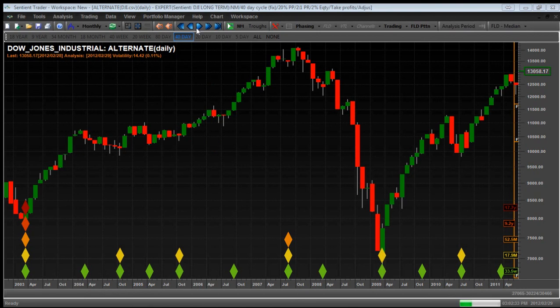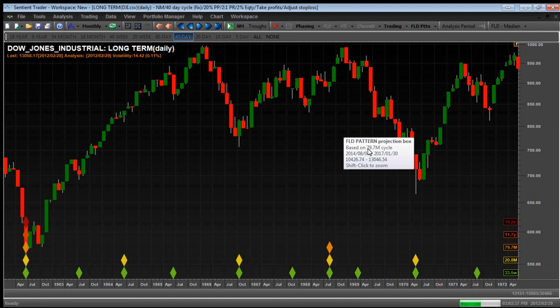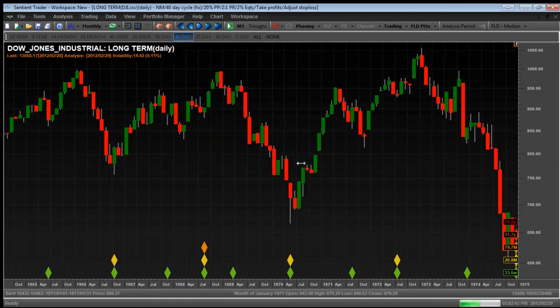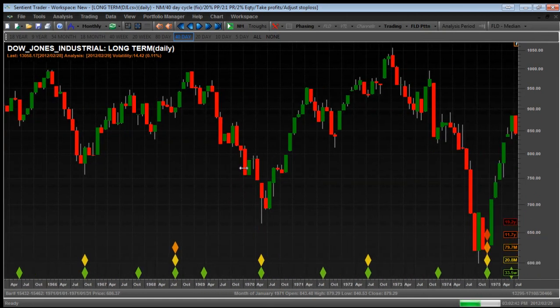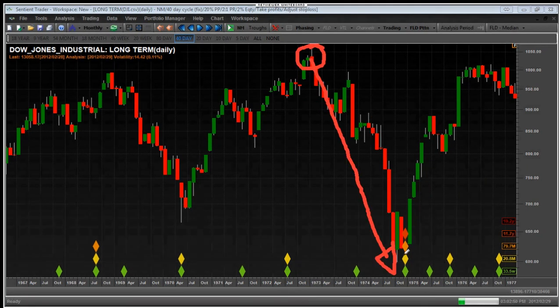I'd like to point out exactly the same two features in this analysis: an 18-year cycle trough right at the beginning here, a straddled 54-month cycle trough over there, and then a much lower 18-month cycle trough over there. The comparison between these two analyses is staggering. They look almost like exact copies of each other, both in terms of the move in the market and the analysis that has been performed upon them.